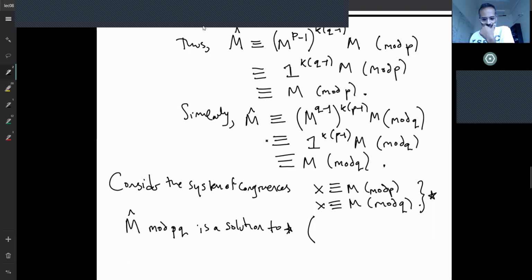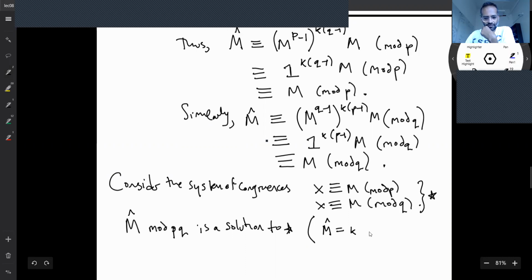The reason is that m hat is equal to some number h times PQ plus its remainder.